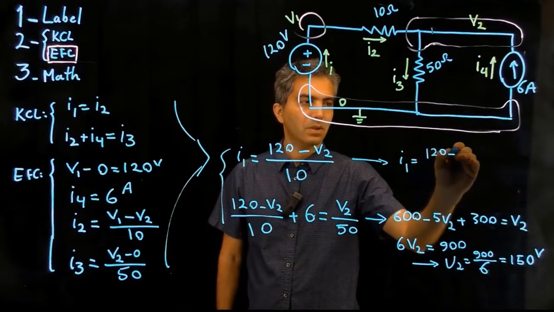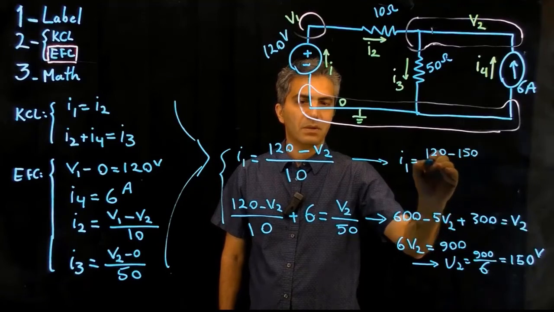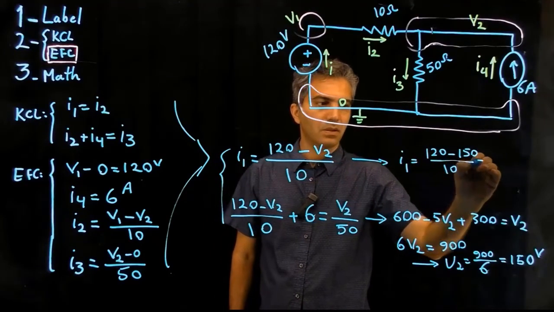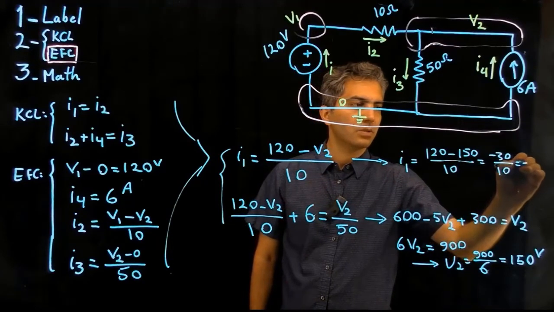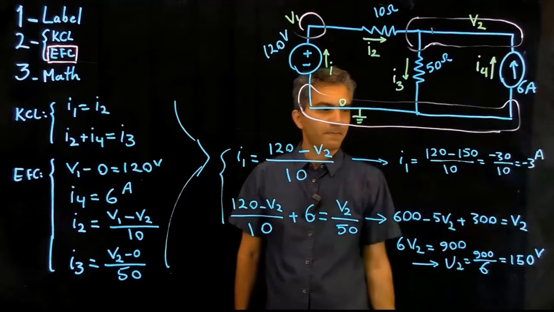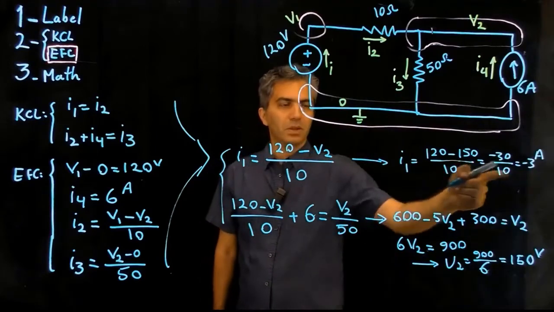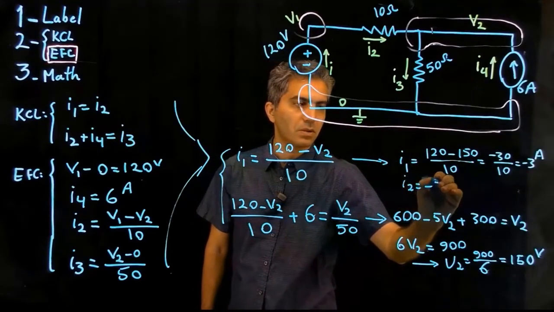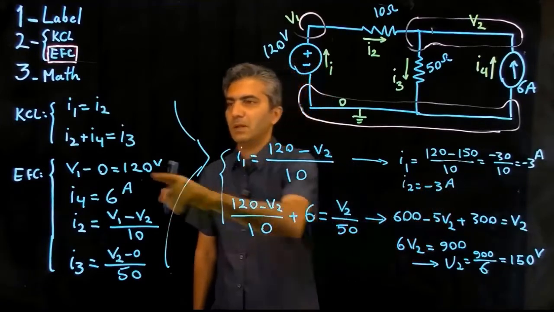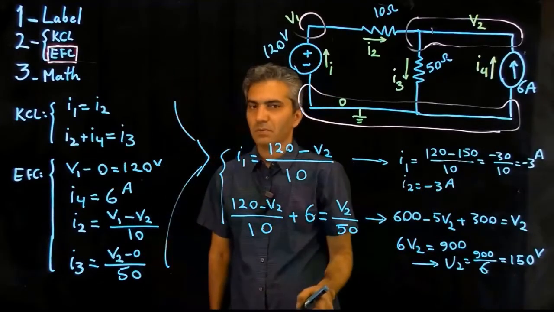Now by putting 150 volts back into this equation, I1 would be 120 minus 150 divided by 10, which is minus 30 divided by 10, that would be minus 3 amp. Now I know from that equation I2 is also minus 3 amp, and from this equation I can calculate the rest.